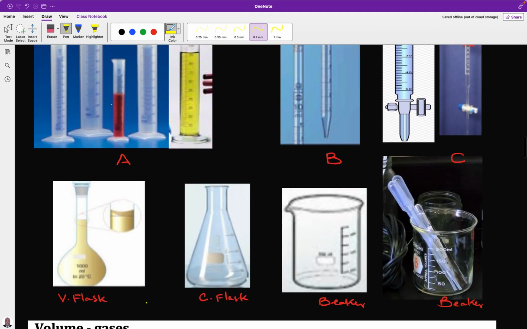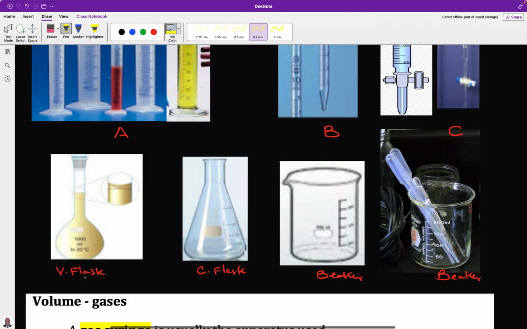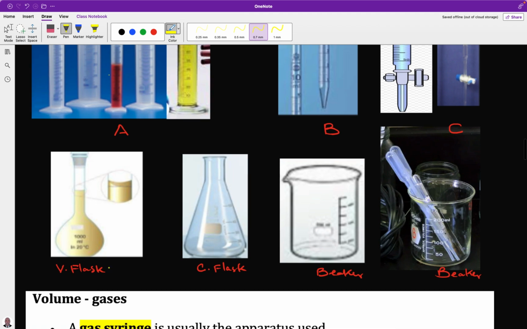There is also other equipment used for the measurement of volume. We have the volumetric flask, which is used as a standard for the preparation of standard solutions.